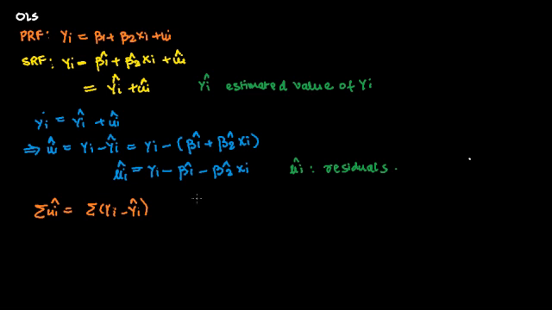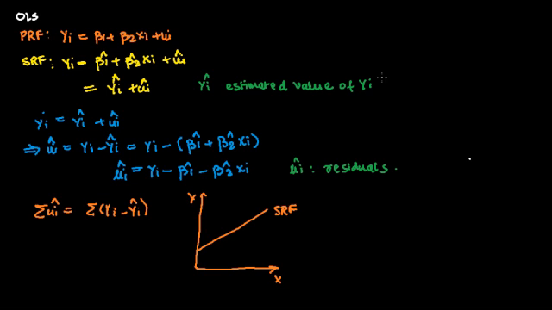I'll tell you the reason. Supposedly, if you adopt this criterion and you have this as a sample regression function, this is x and this is y.